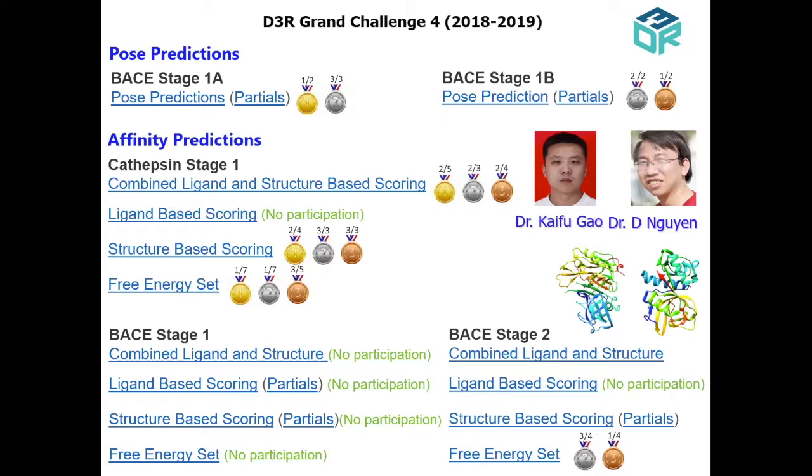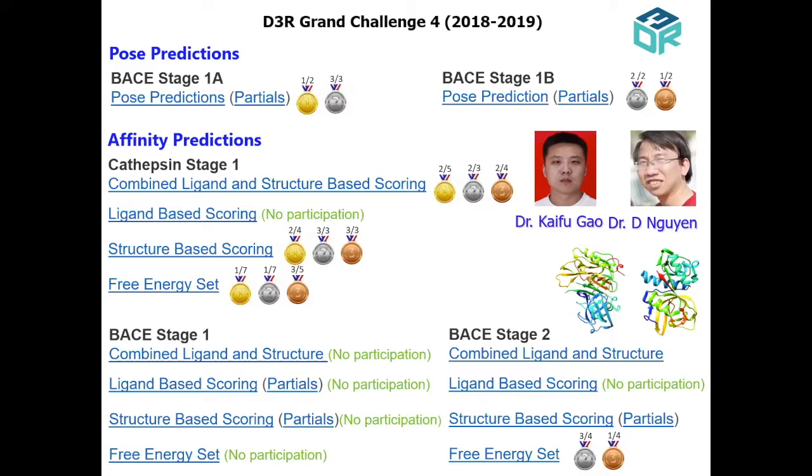And similarly, we have 3/3. That means we got all the gold for everything over there. And 2/2 means we are second, just behind one submission. And then 1/2 means we have a bronze, shared with other teams. We have a very detailed calculation for everything.